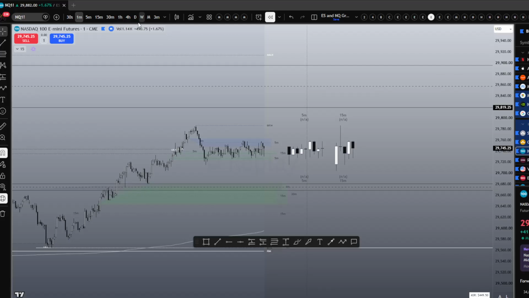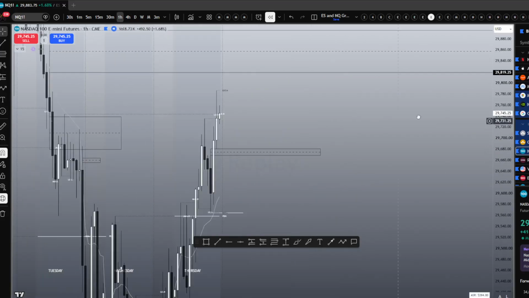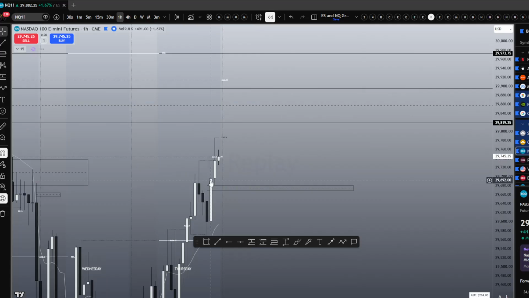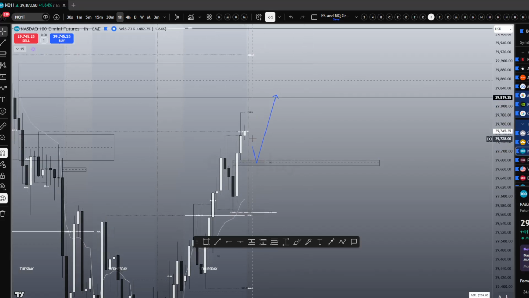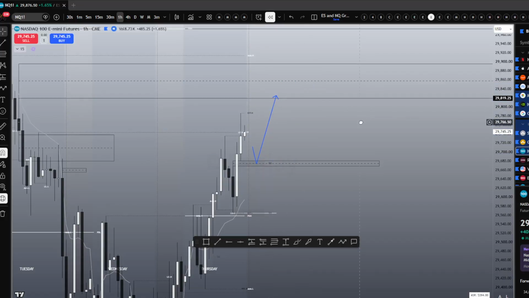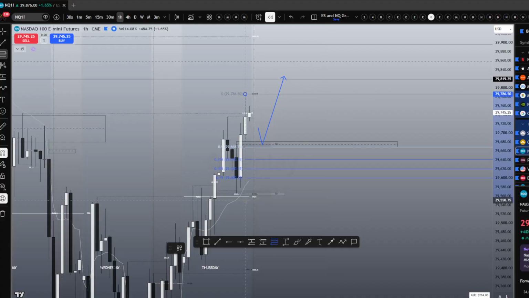And then basically my pre-market plan, sorry, I rambled off a little bit, but we have an hourly gap right here that we can potentially bounce off of. So this is a point of rebalance and a point where we can potentially bounce off of. And I'm using the fib level as well.